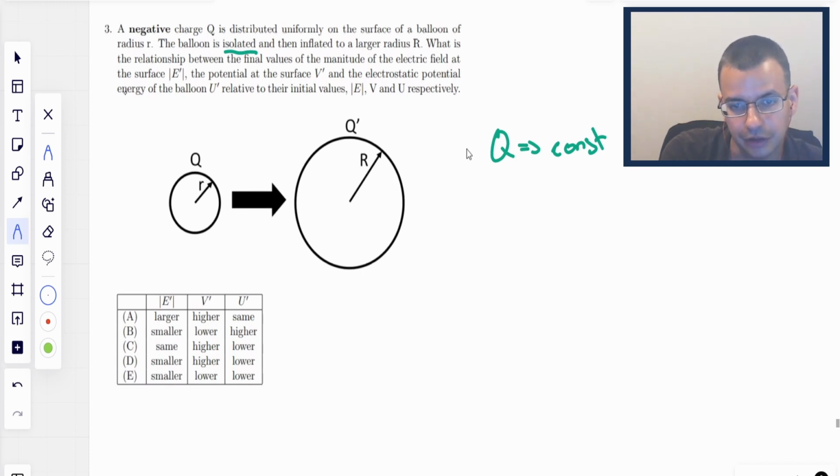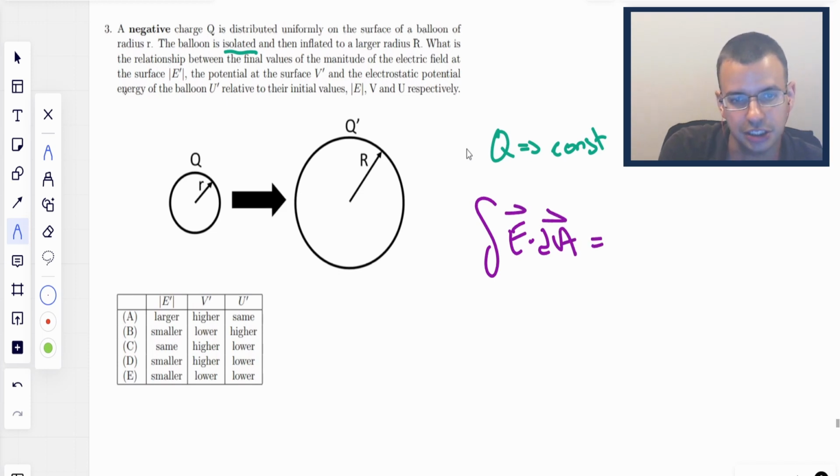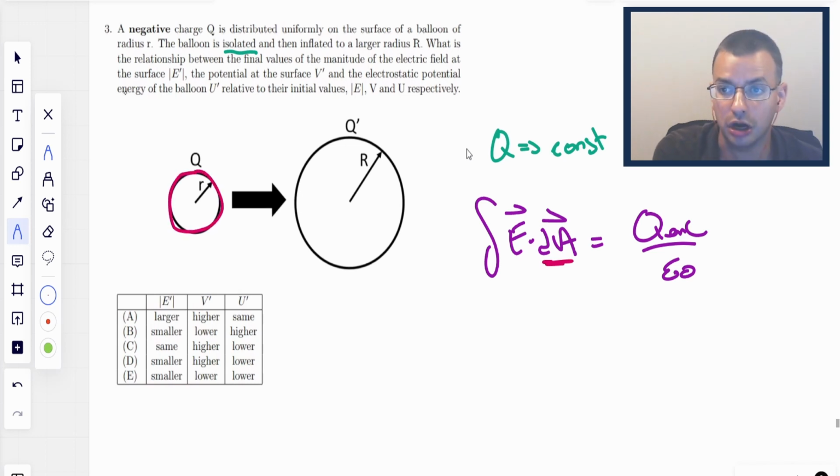So the electric field, Gauss's law, integral E dot dA, this is a dot product where the area vector is the normal to the surface, Q enclosed over epsilon naught. So at the surface, for the Gaussian surface, we would draw the surface right at r.